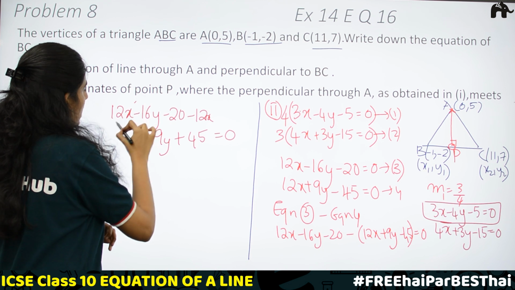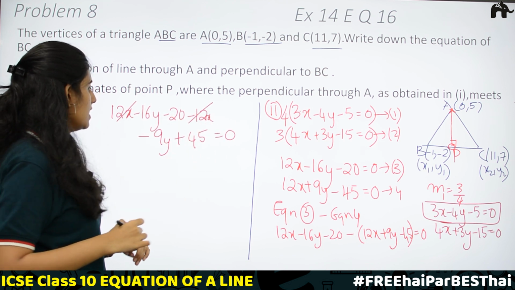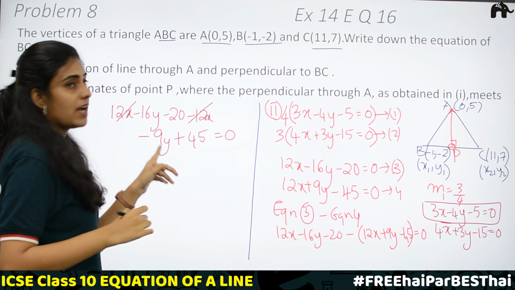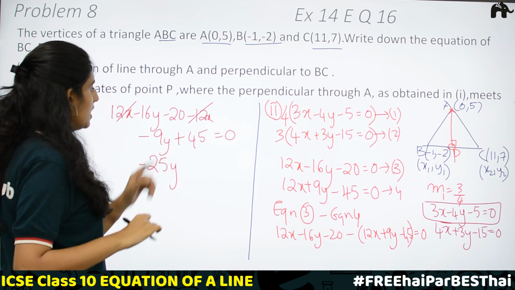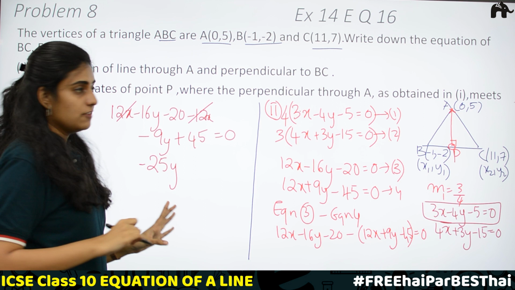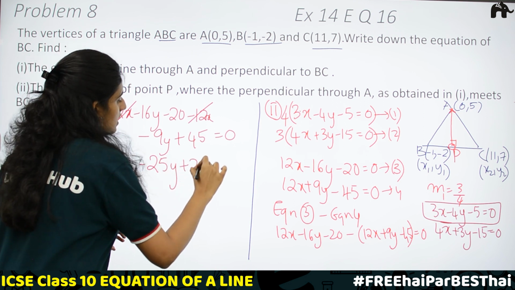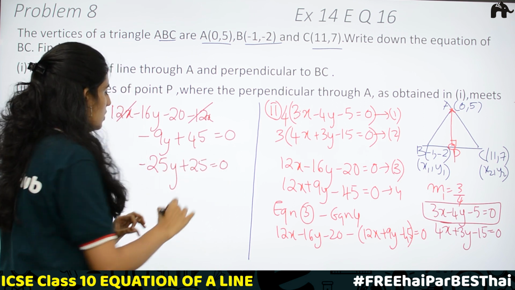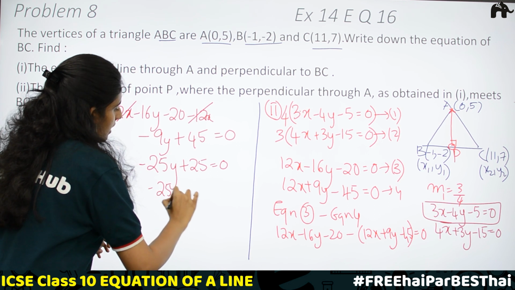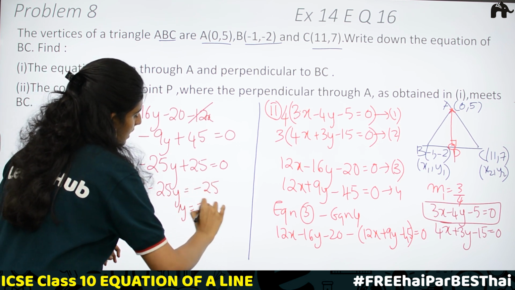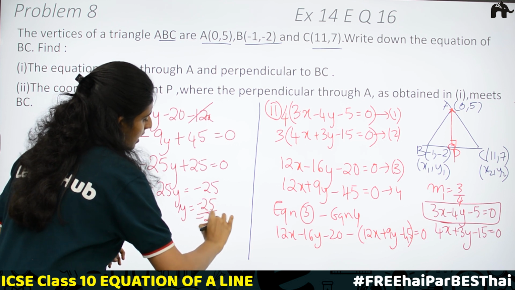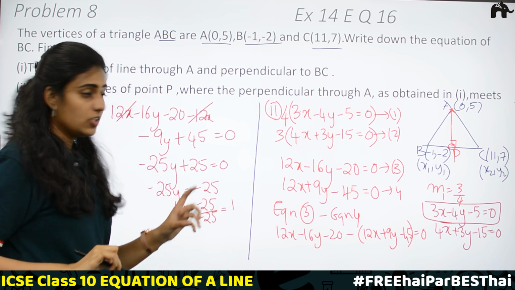That is, 12x and minus 12x can be cancelled. Minus 16y minus 9y is minus 25y, minus 20 plus 45 is plus 25, equal to 0, which means minus 25y is equal to minus 25, and y is equal to minus 25 by minus 25, which is equal to 1. We got the y value.